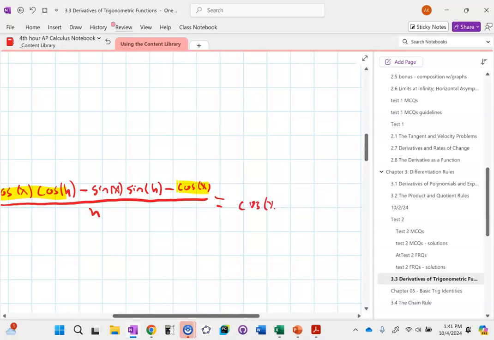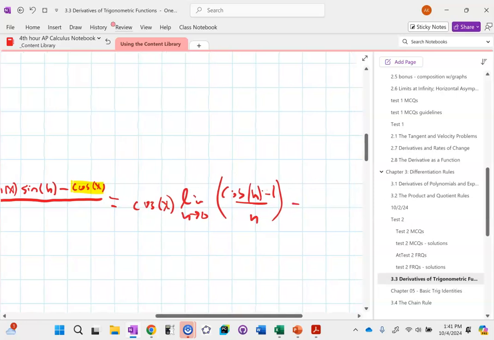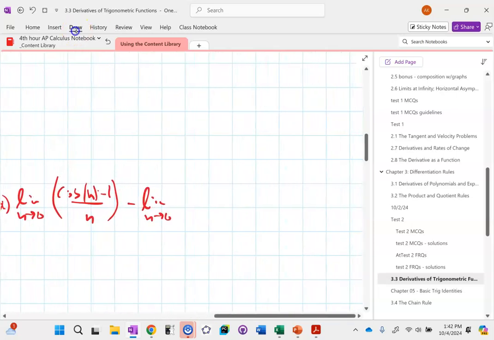So cosine x, limit as h goes to 0 of cosine h minus 1 over h, minus sine x, limit as h goes to 0 of sine h over h.